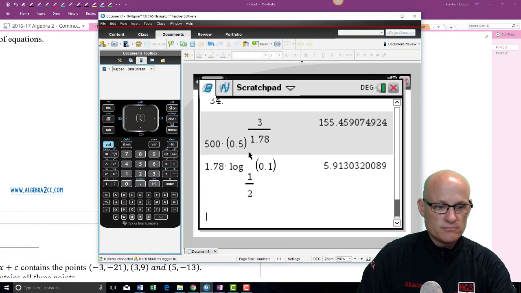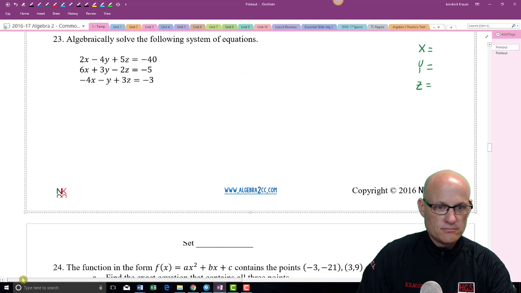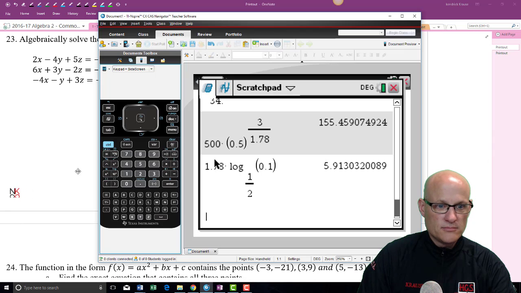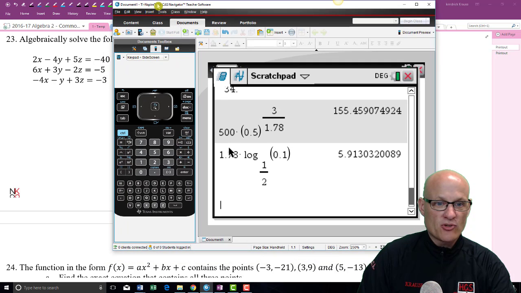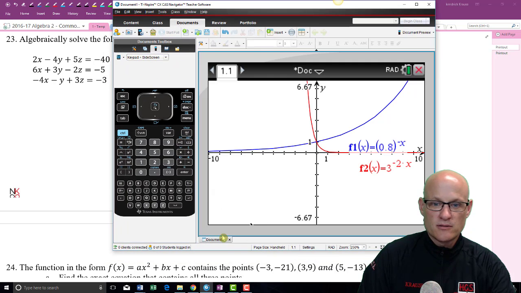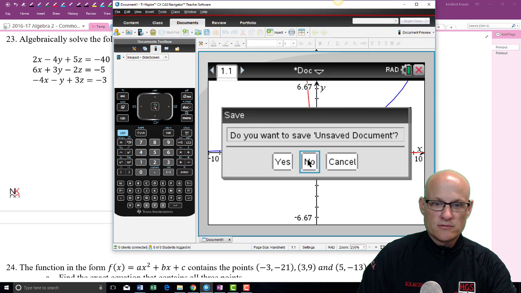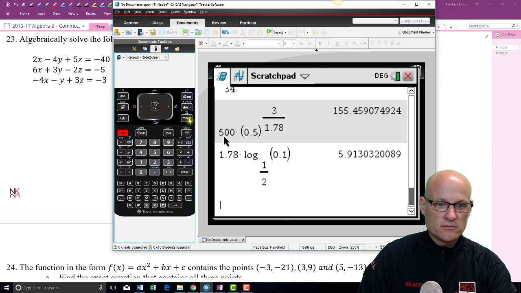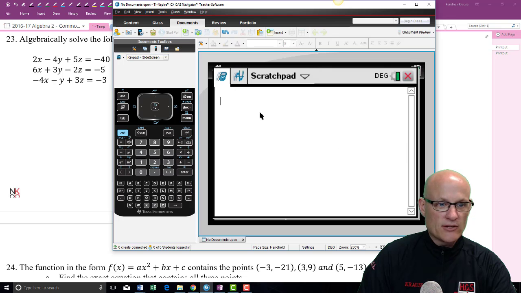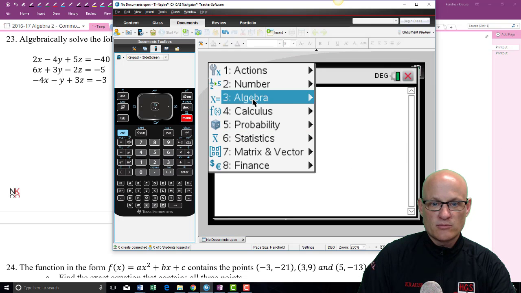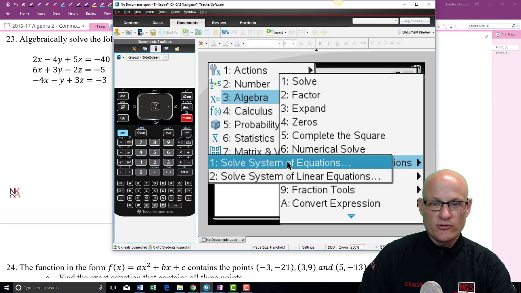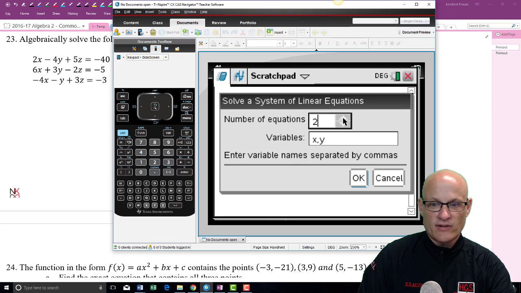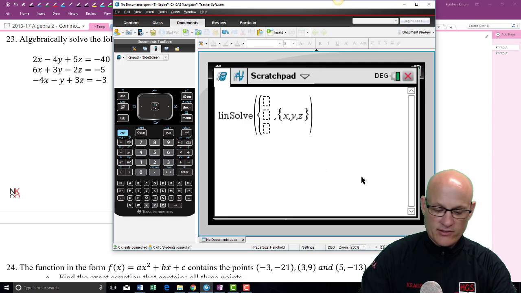I'm trying to get it so I can see them, so I'm going to type them in. Menu, solve a system of equations, solve a system of linear equations. I've got 3 equations, and it's x, y, and z. Click OK, and I'm going to type them in exactly as they appear. 2x minus 4y plus 5z, checking to make sure that you get them in right.